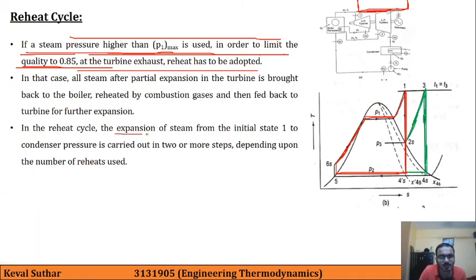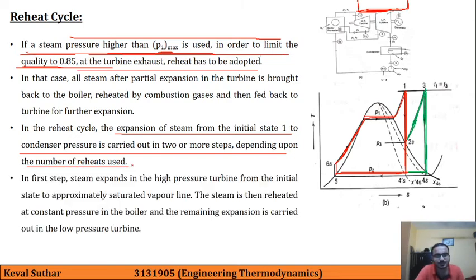Here, the expansion of steam from initial state 1 to condenser pressure is carried out in 2 or more steps depending on the number of reheats that are used. In the first step, the steam expands in the high pressure turbine, that is from 1 to 2s, from the initial state to approximately the saturated vapor line over here at point 2s. The steam is then reheated at constant pressure.